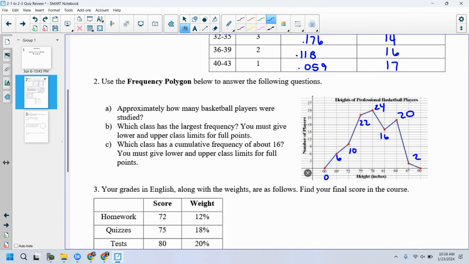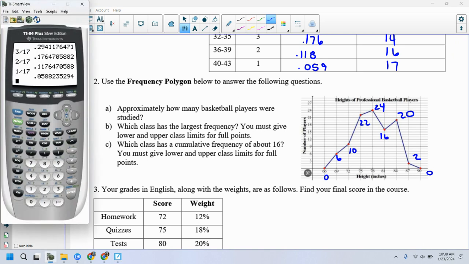Is that 2? Yeah, 2 there and then 0 there. So let's add all those together. 6 plus 10 is 16, plus 22 and 24 make 46, and then 20 and 16 make 36, and then 2 more. Look at that, right on 100.